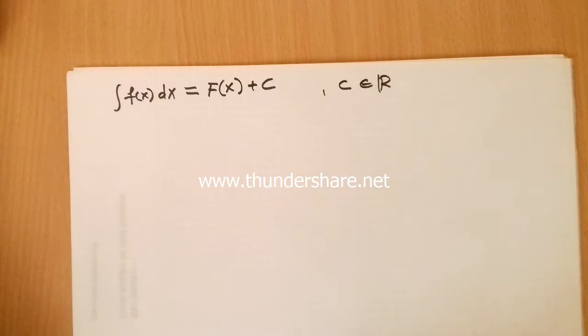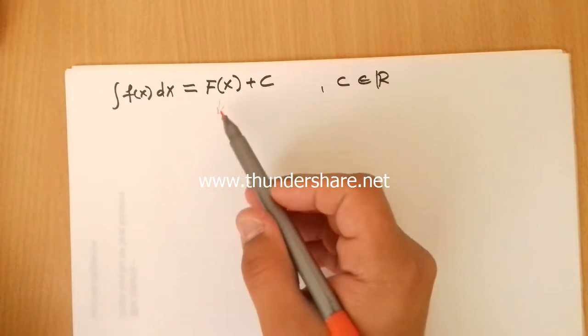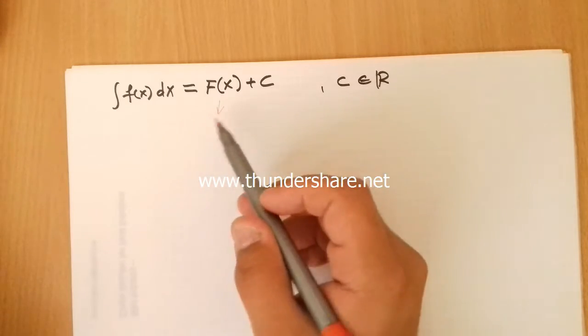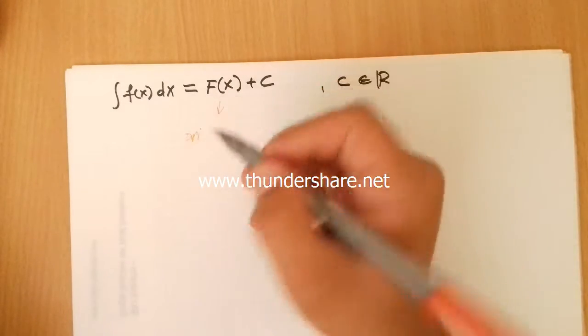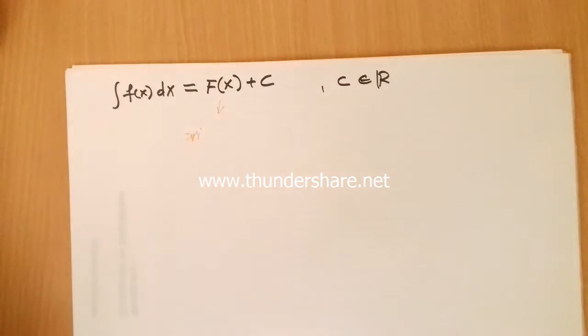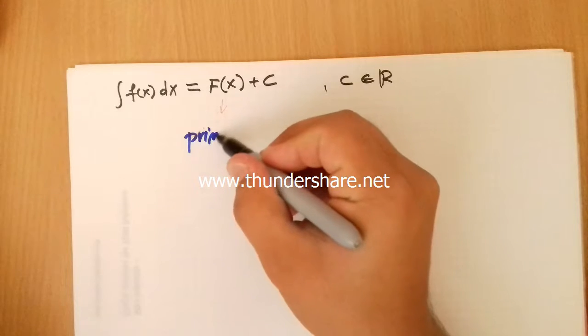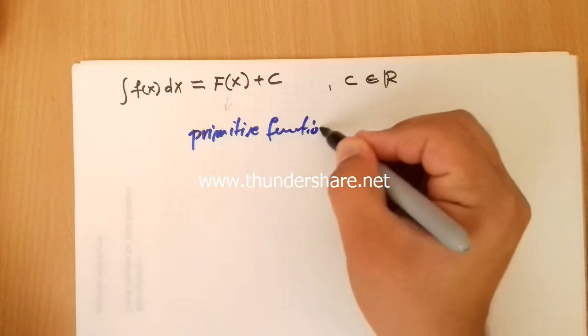So now maybe we should talk about what this big F is. Big F sometimes is called a primitive function.